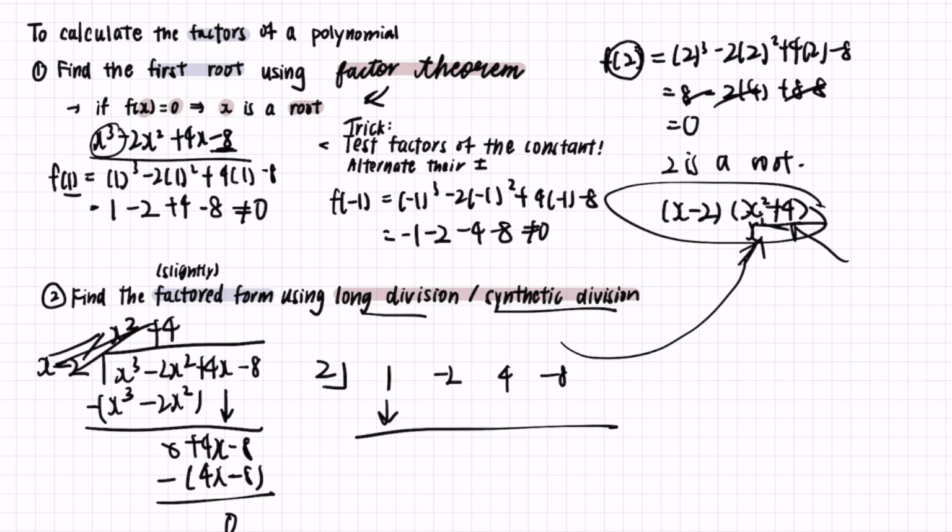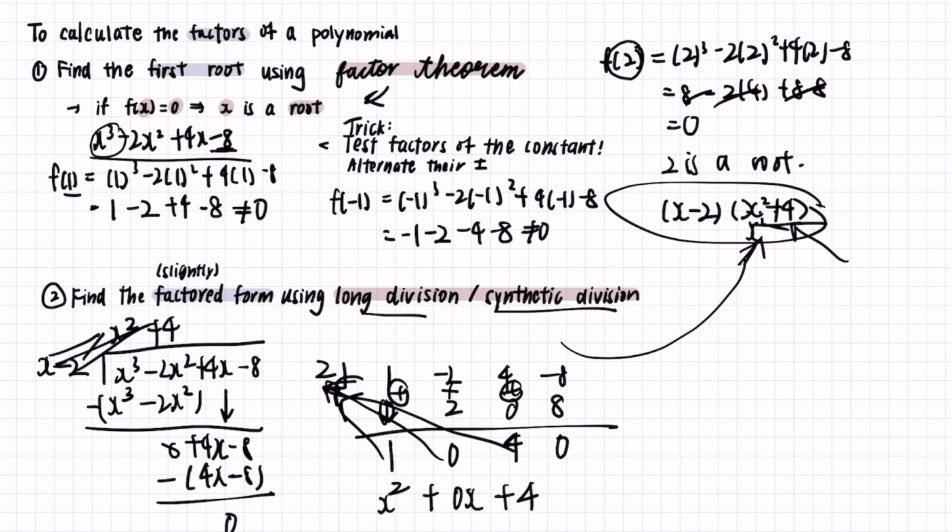Drag this down to 0. You add this 1, multiply by 2, plus 0, multiply by 0, add 4, multiply, and right here, 0. This means that it is x squared plus 0x plus 4. This gives you the same result as above.